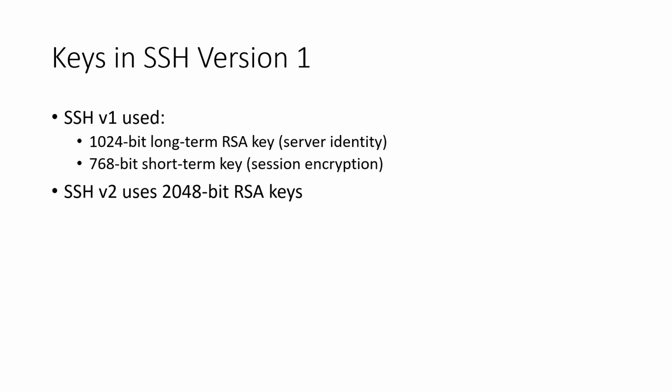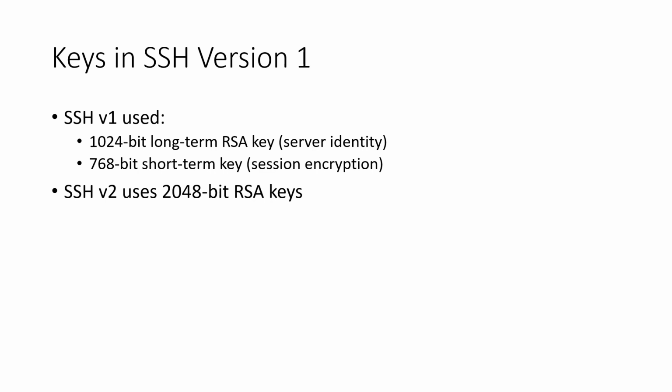This key was used for actual data encryption within the session, offering a degree of forward secrecy. So even if the short term key was leaked, it would be of no use in the future. However, SSH version 1 had several vulnerabilities and is now deprecated.